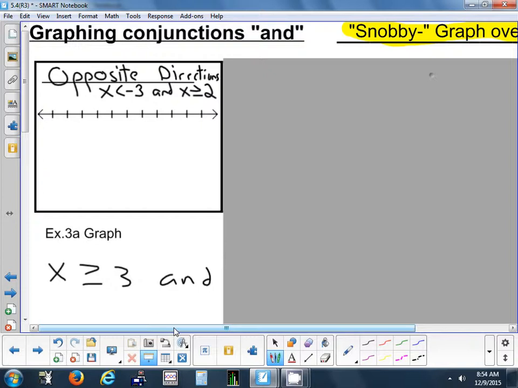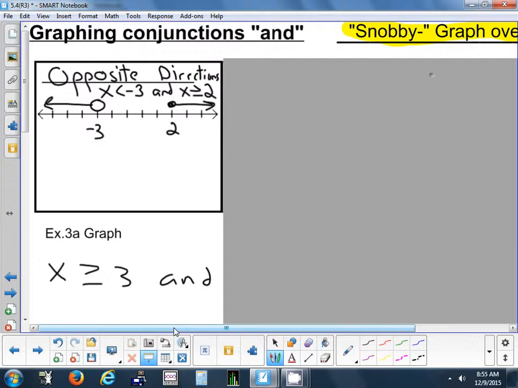Let's call this -3, and we'll call this 2. I'm going to do an open circle here, going that way. Closed circle, because I have the line underneath, going this way.